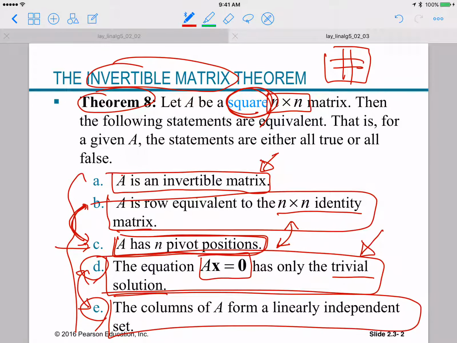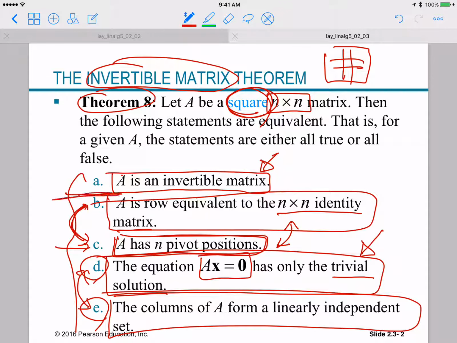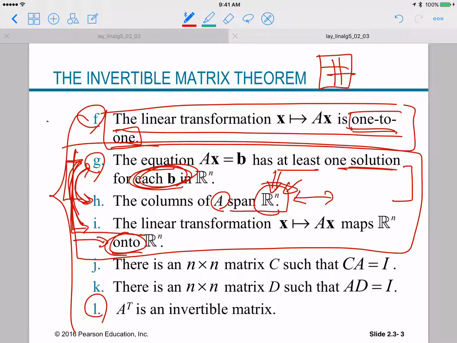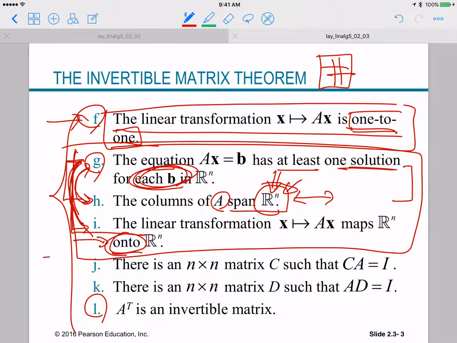So suddenly we drastically reduce the seemingly quite long list into a small number of groups, right? So starting from B, we saw that B and C are the same thing, and also D, E, F are the same thing, and G, H, I are also the same thing. So starting from B and I, we now can understand all of them are the same thing, okay?